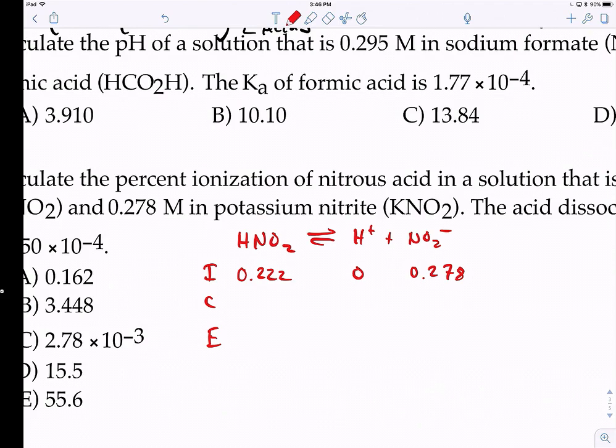If you have a 0 on both the reactant and the product side, then no reaction happens. But if you have a 0 on one side, the reaction will shift toward that side. So lose X, gain X, gain X, 0.222 minus X, X, 0.278 plus X.